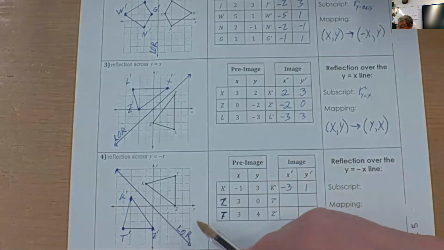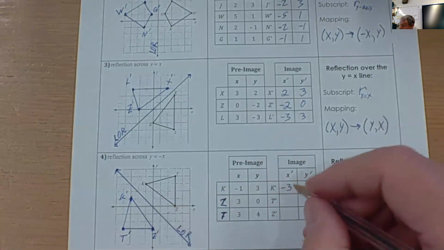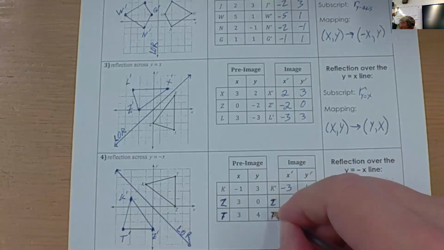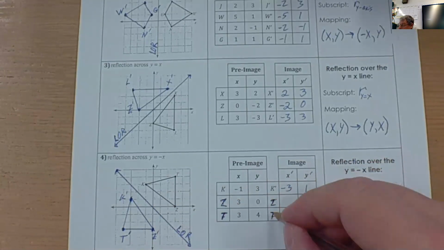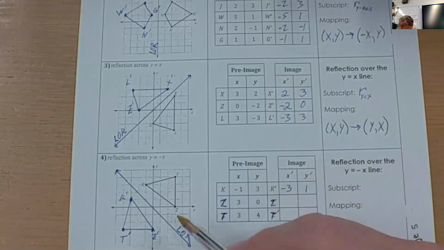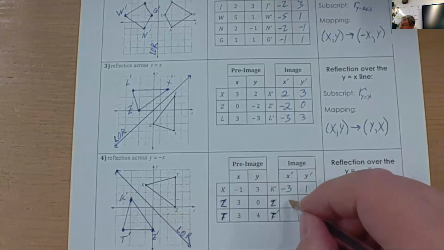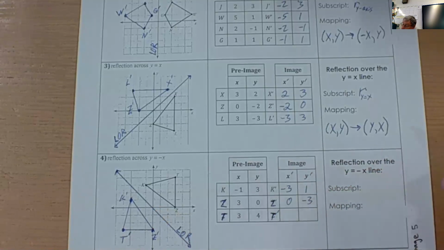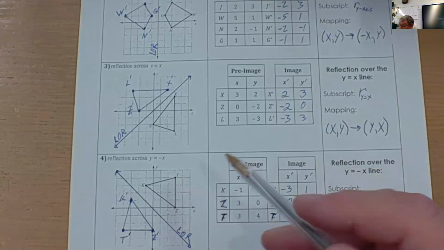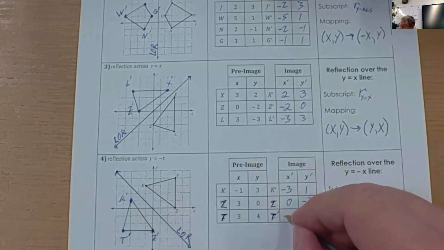So Z went from 3, 0, and this will be Z prime and T prime. Okay, so Z prime is at 0, -3. T went from 3, 4 to -4, -3.